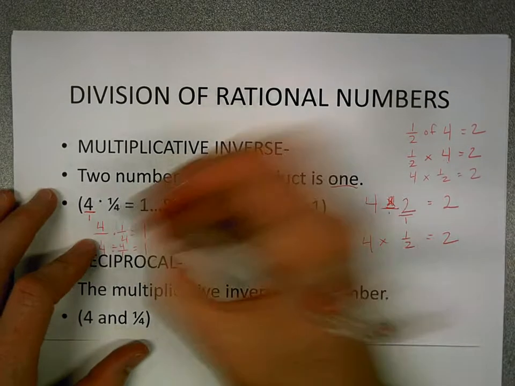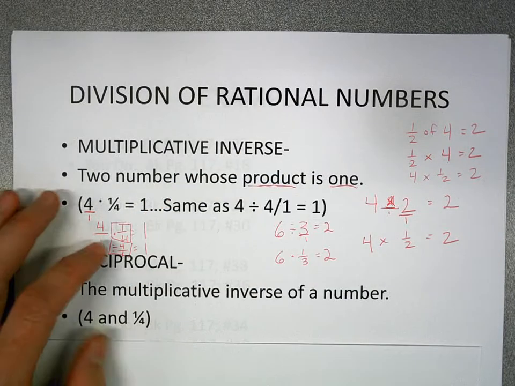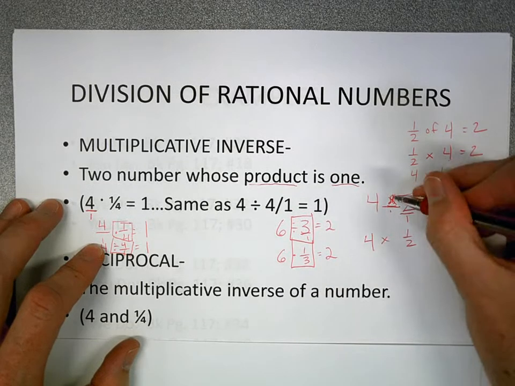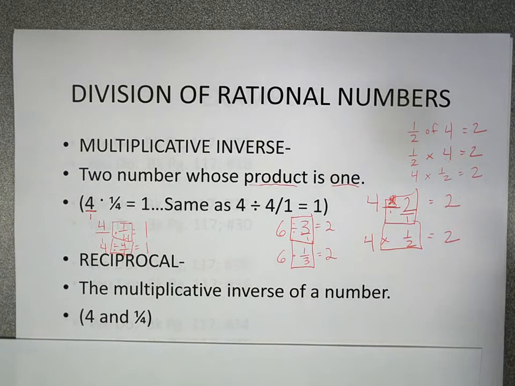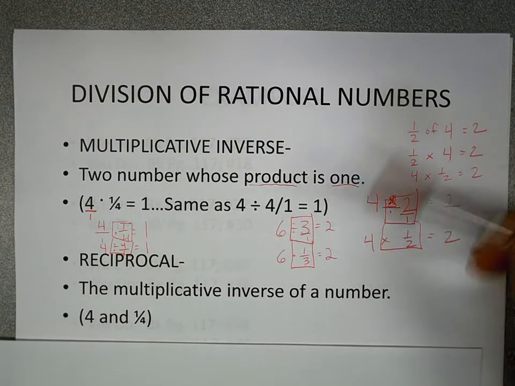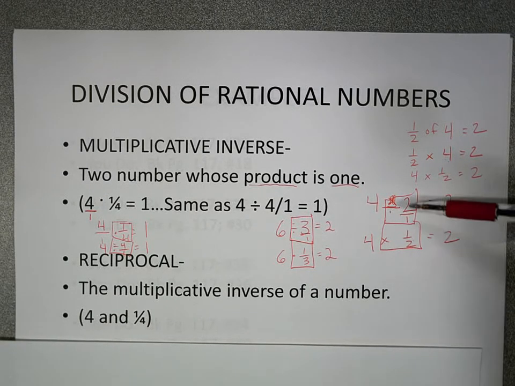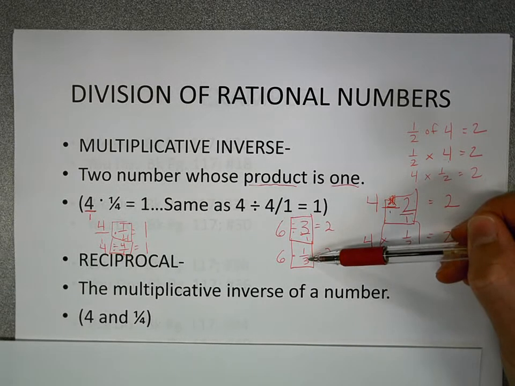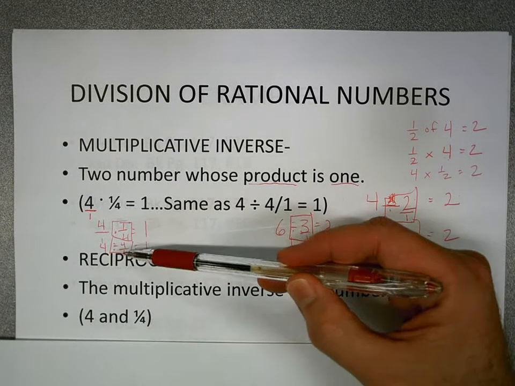I want to point something out. Look at all of these. Hopefully all of you can take a look at this and realize there's a pattern here, right? If you multiply by a number, it's the same as dividing by its reciprocal. Multiplying by a number, even if that number is a fraction, is the same as dividing by its reciprocal.